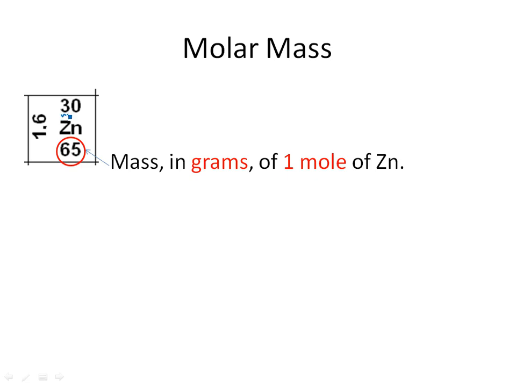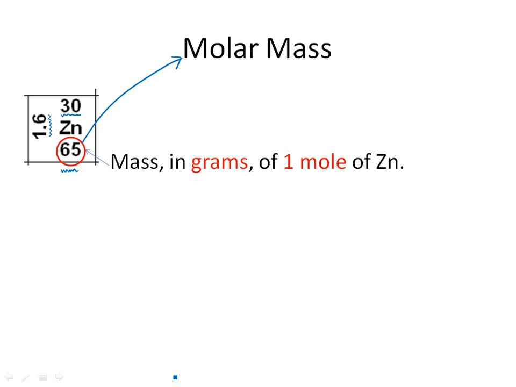Zinc has the number 30, the number 1,6, and 65 in the block of zinc in the periodic table. 30 refers to the atomic number of zinc, 1,6 to its electronegativity, and 65 can either mean the atomic mass or the molar mass of zinc.